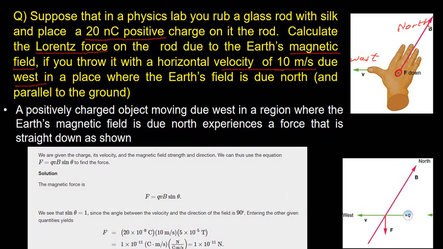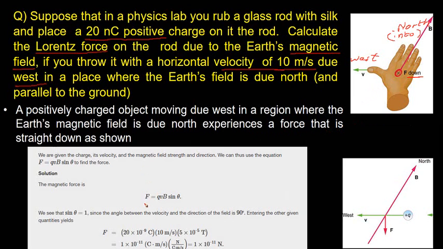If you were to use the right hand rule, the Lorentz force will be pointing downward, so to say, into the screen for now, according to our picture. So that's the direction.